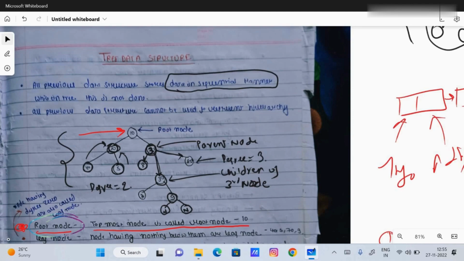Suppose I have to show a relationship in an organization, in a college, we cannot do that representation with the help of other data structures. So here tree data structure is very useful. The second main feature is that it mainly represents hierarchical relationships. So those are the two basic things about the tree data structure.